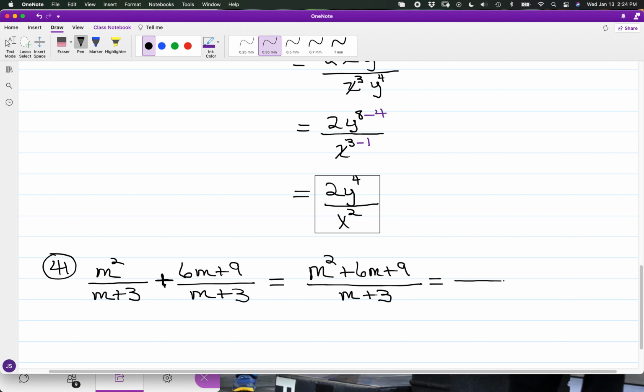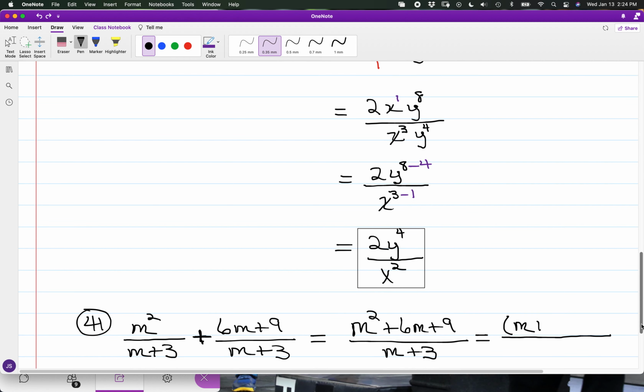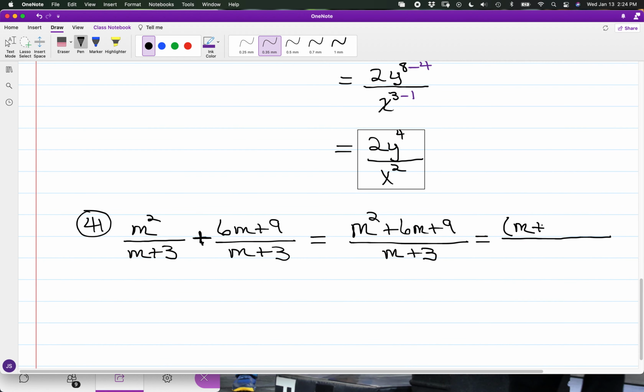And for m squared plus 6m plus 9, once again, we have a square trinomial. So this will factor. Again, this is going to factor to m plus 3 times itself, and we have all over m plus 3.